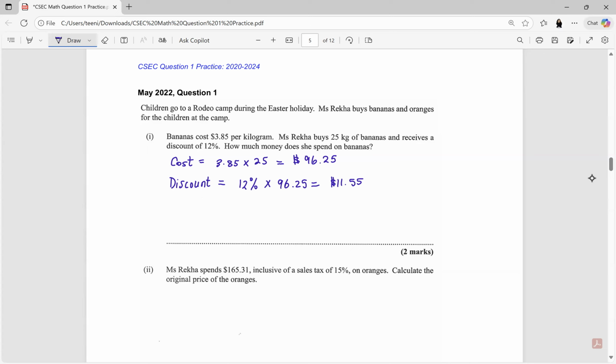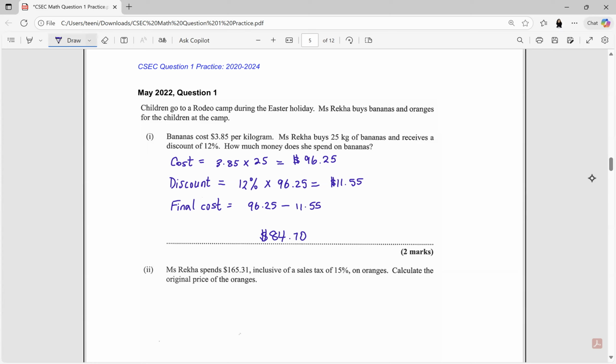And then her discounted price, the final cost, I should say, would be $96.25 takeaway $11.55, which is how much? $84.70. Correct. $84.70. Anybody did it differently?